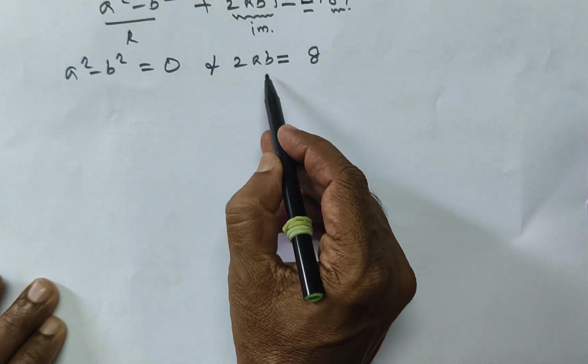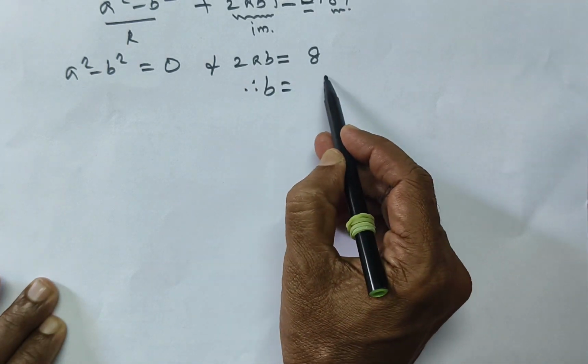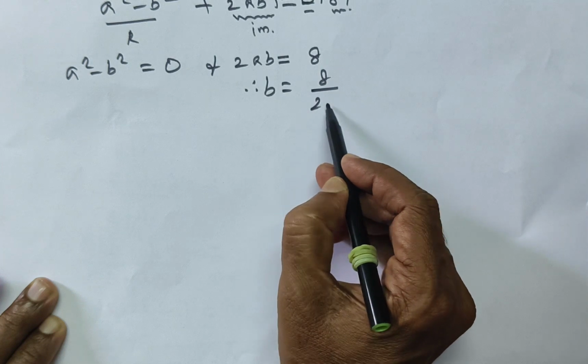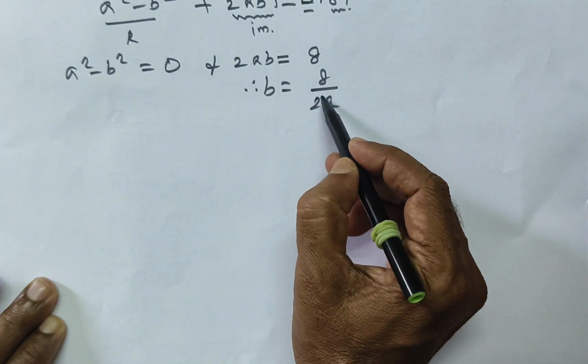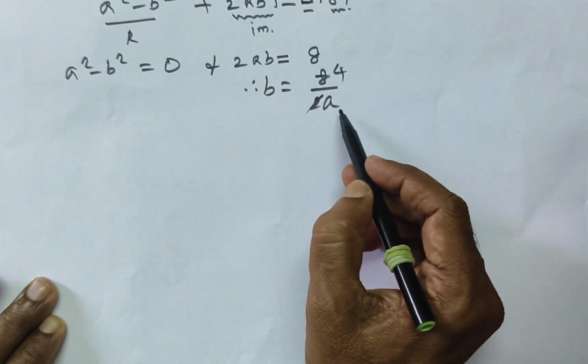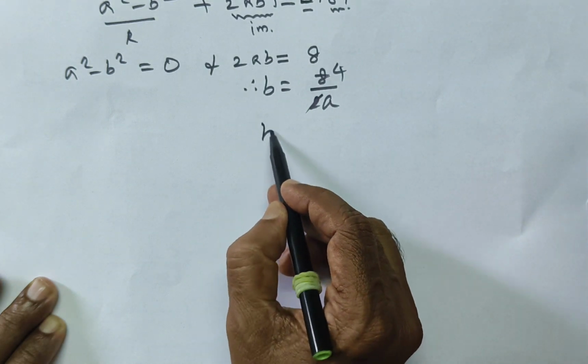Therefore, b is equal to 8 by 2a, cross multiplication. 4 2s are 8. b is equal to 4 by a.